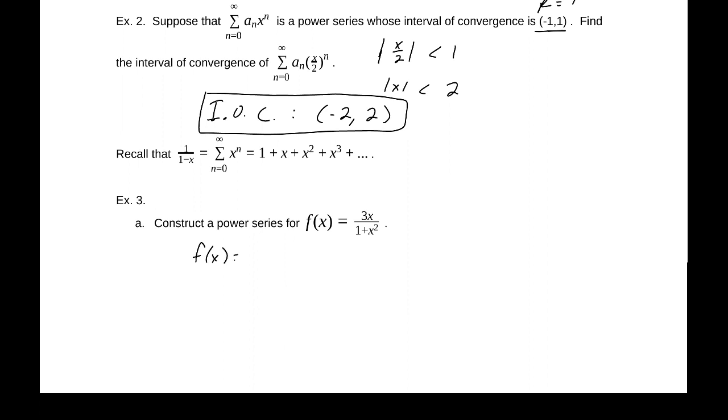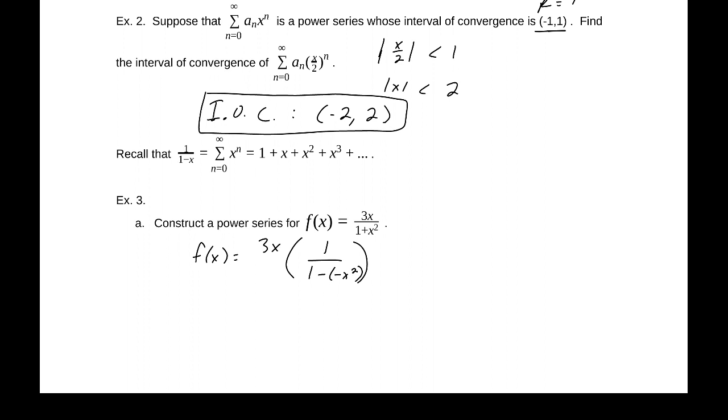First, let's factor out a 3x, and that leaves 1 over 1 plus x squared. We really would like a 1 minus something there, so let's make that 1 minus (-x squared).